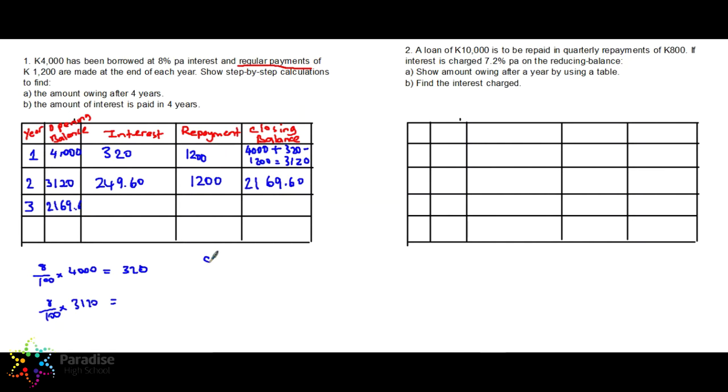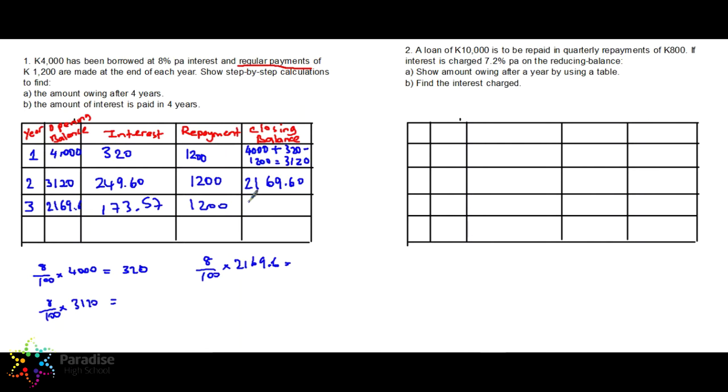So how much interest am I going to pay for that? Let's calculate it here. So that makes times 0.08, 173.57 kina. 1,200 kina is the repayment. So plus 2,169.60 minus 1,200.